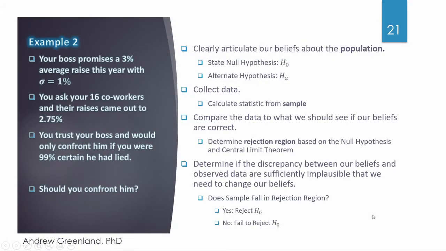Let's take a look at another problem here. Suppose that you're trying to fact check your boss, who's promised that among your coworkers, you're going to receive an average of a 3% raise this year with a standard deviation of 1%.